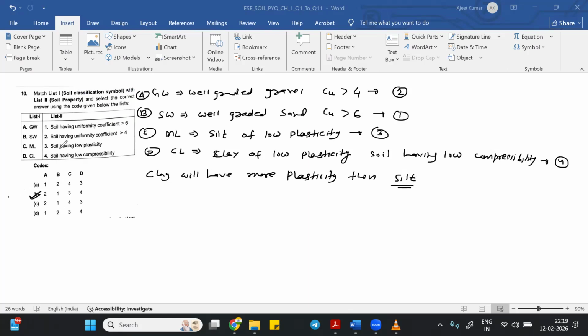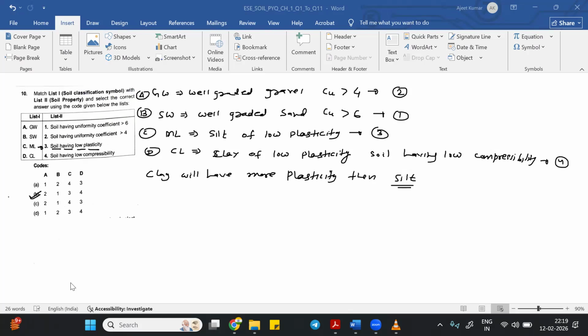So C will match with 3 only. This is the only option that has low plasticity. Clay doesn't have low plasticity, it has high plasticity. So C will match with 3, and D will automatically match with 4. Okay, so this is question number 10.